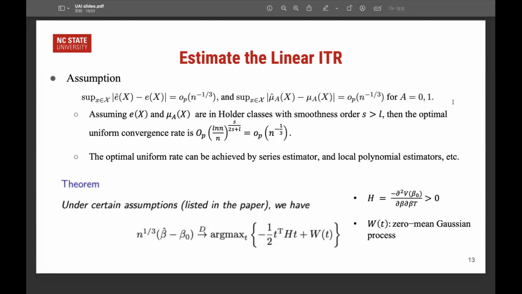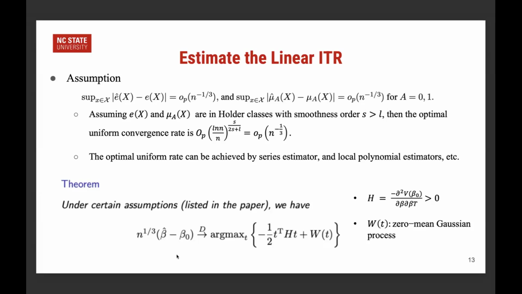Then the optimal uniform convergence rate that an estimator can achieve will be little o of n to the negative 1/3. There are many estimators that achieve this optimal uniform rate, such as the series estimators and the local polynomial estimators. Based on this assumption and other assumptions in the paper, we can derive the asymptotic distribution of beta hat.